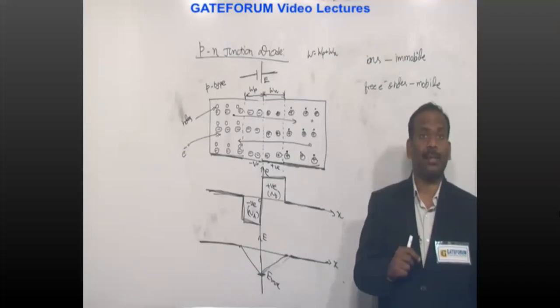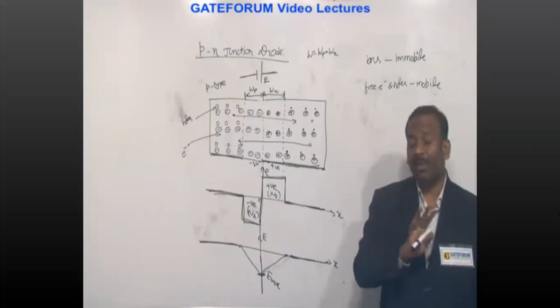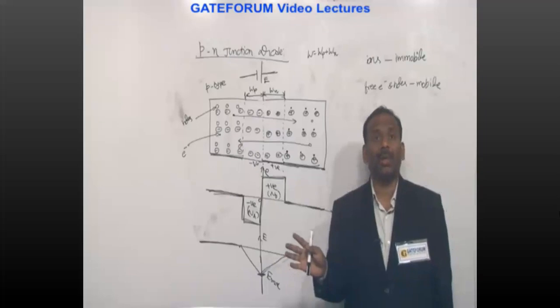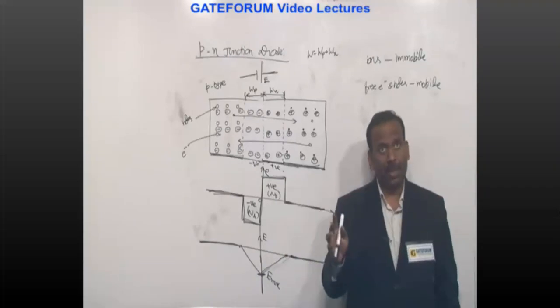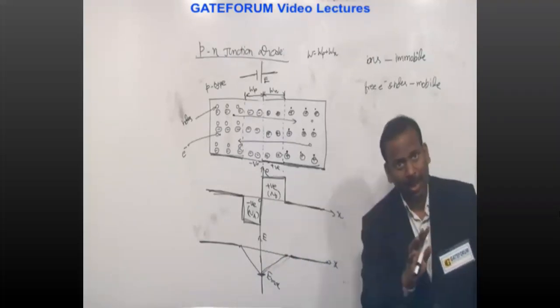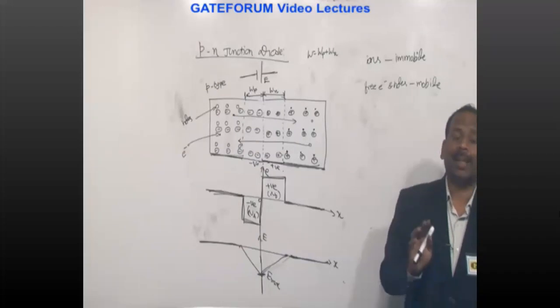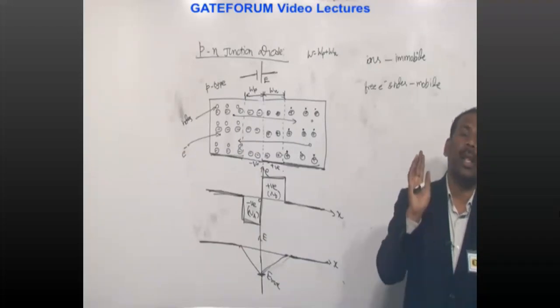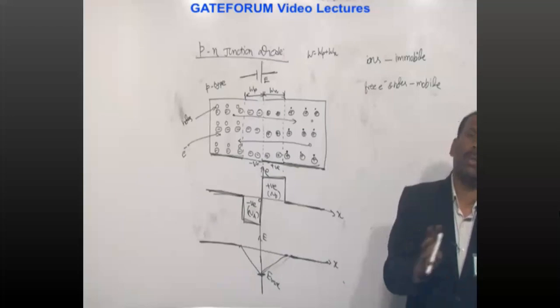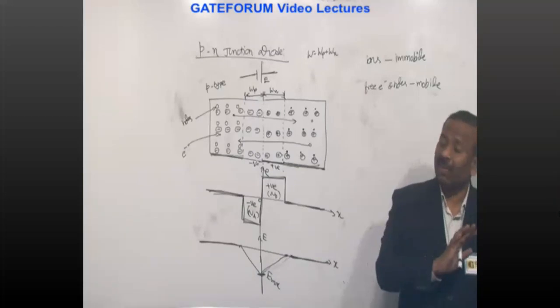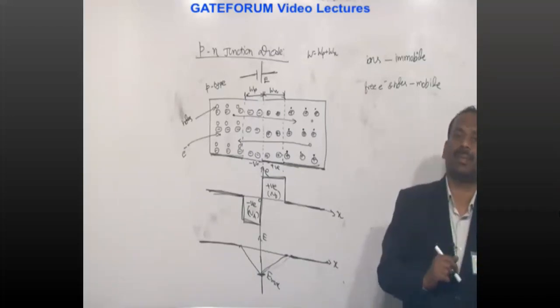The answer is, ions are immobile, therefore there is no current due to ions. Either a positive ion or negative ion will not contribute any current. Only electrons and holes. Electrons will contribute current, holes will contribute current, but ions never contribute current.